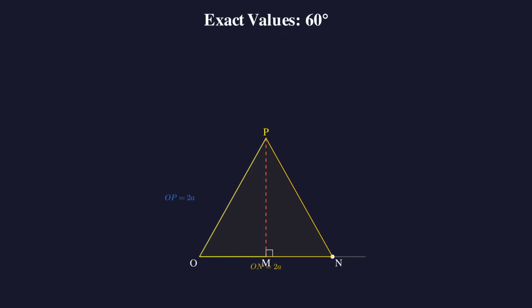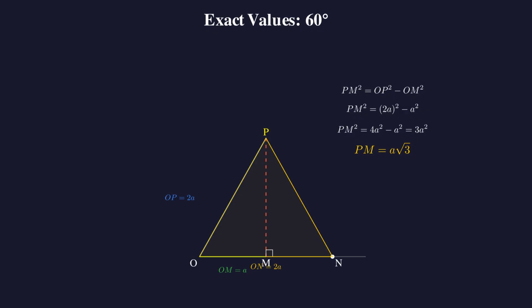Triangle OPN now has all sides equal. It's equilateral. So OP equals PN equals ON. Since OP is 2a and ON is twice OM, that means OM equals a.